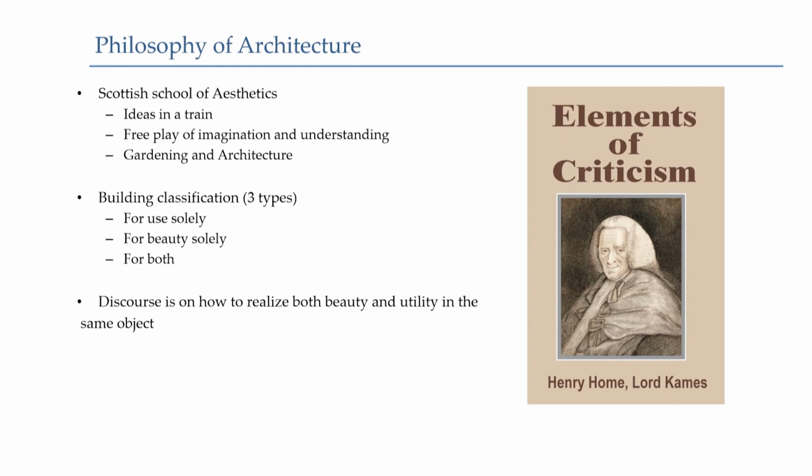This is also a reminder of what Immanuel Kant said as truly human qualities, which are imagination and understanding. But in aesthetics, in art, and in some sense in architecture, we do get a free play of imagination and understanding, and the way they come together to form an architectural object or a built structure.